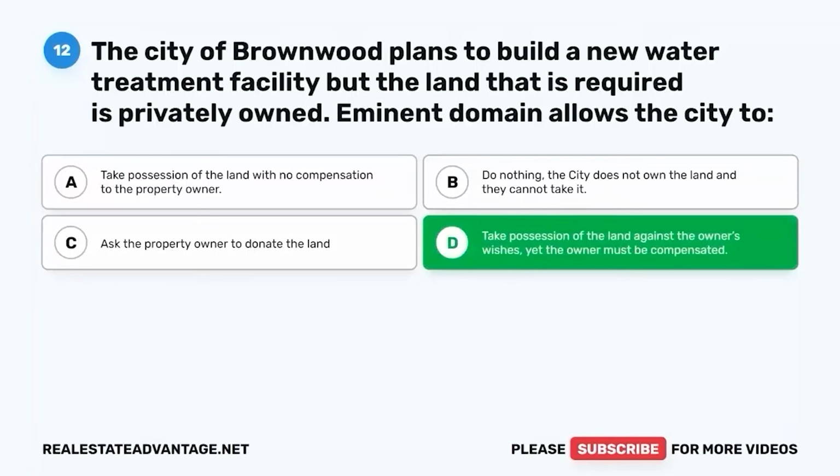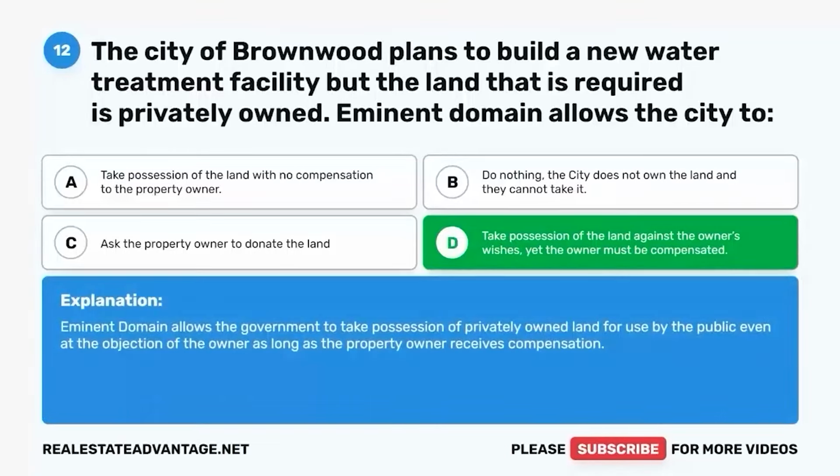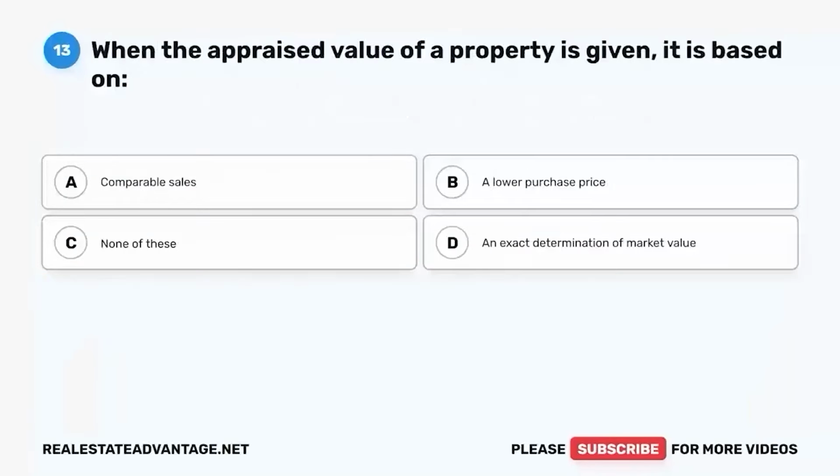The correct answer is D. Eminent domain allows the government to take possession of privately owned land for use by the public, even at the objection of the owner, as long as the property owner receives compensation.